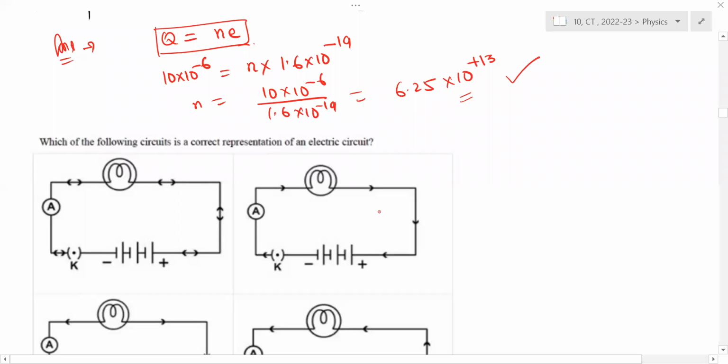First one, is it possible? No. Second one, current is flowing from both sides. No, current always flows from positive to negative.